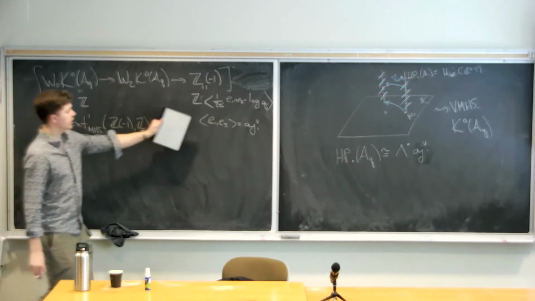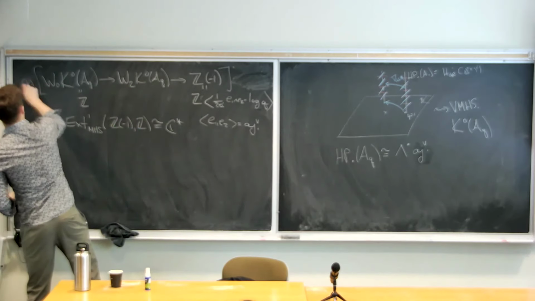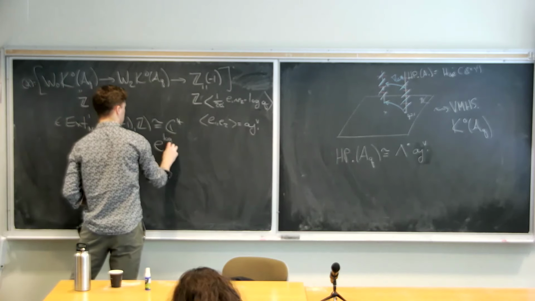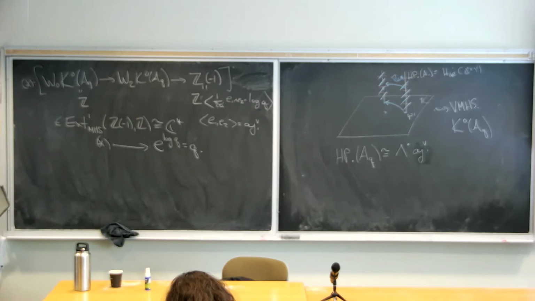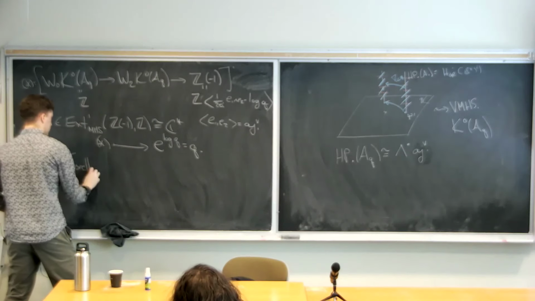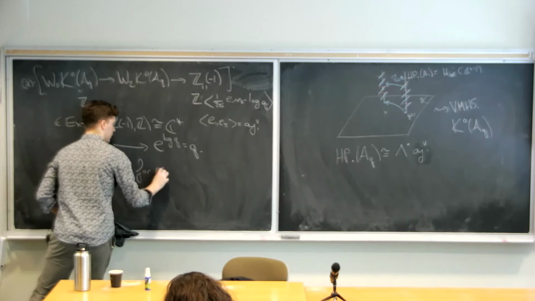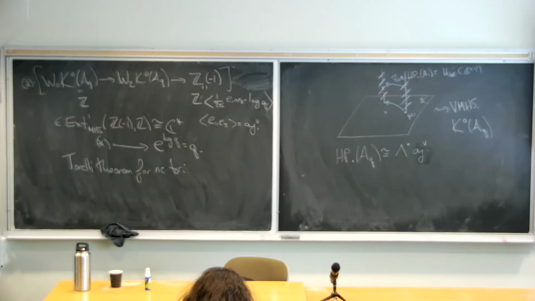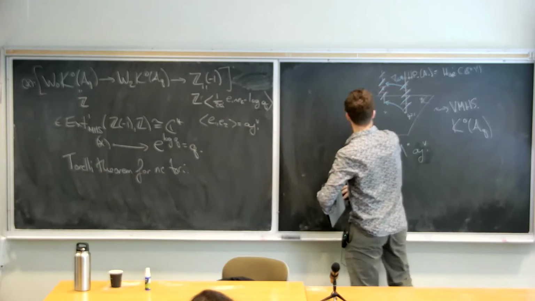Here we have log Q. So you can maybe guess that this class is actually going to get sent to e to the log Q, which is just Q. So that means we have some sort of Torelli theorem for non-commutative tori of this form. Their mixed Hodge structure determines the torus, or the non-commutative torus algebra, up to isomorphism.